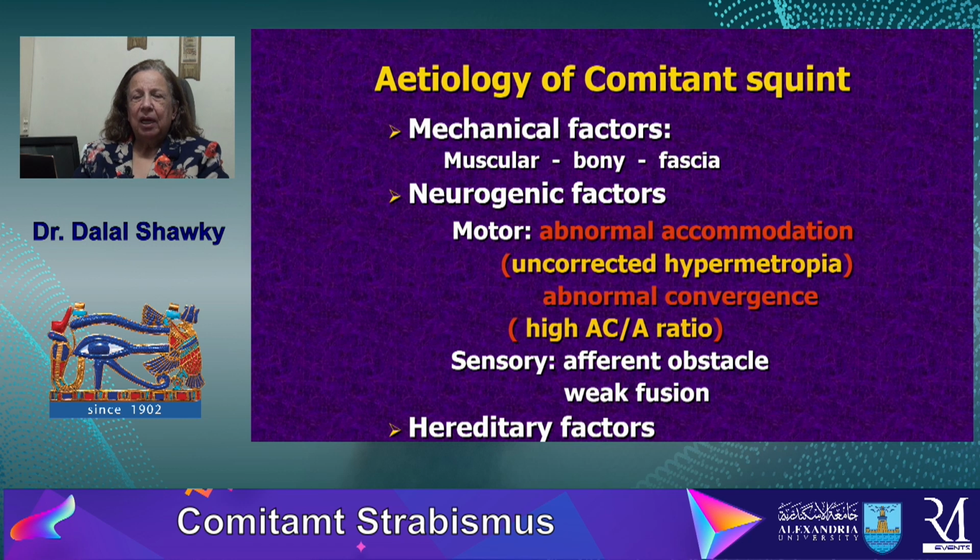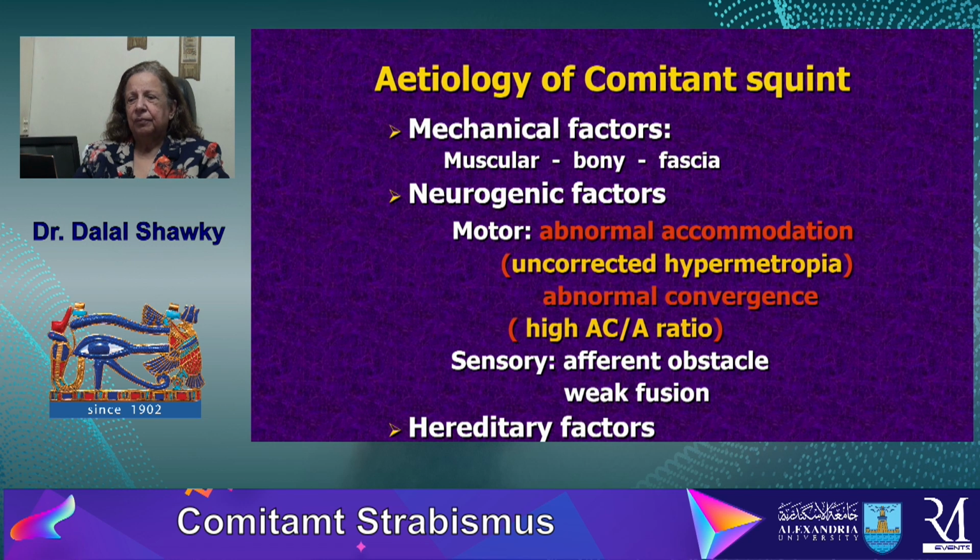And this abnormal accommodation, which is exerted for far vision contrary to the normal, will be accompanied by abnormal convergence, because normally every 1 diopter of accommodation exerted is accompanied by 1 meter angle of convergence. Normally, we don't accommodate for far vision, we accommodate only for near, but with uncorrected hypermetropia, they will accommodate even for far vision.